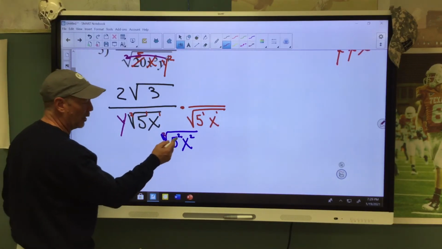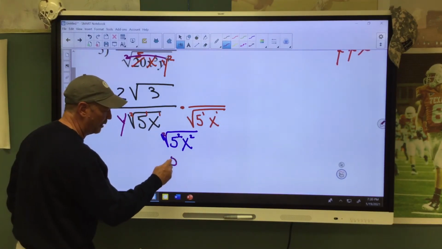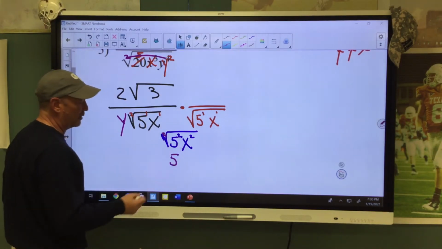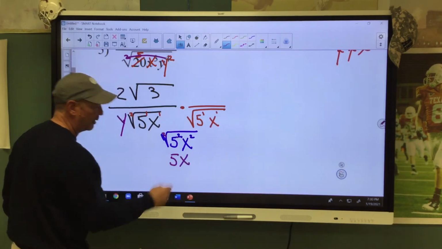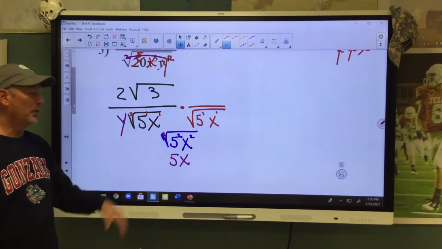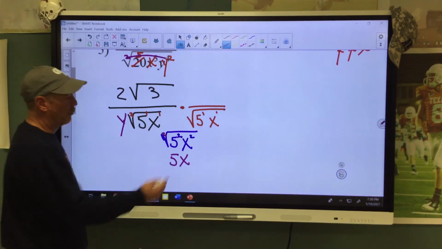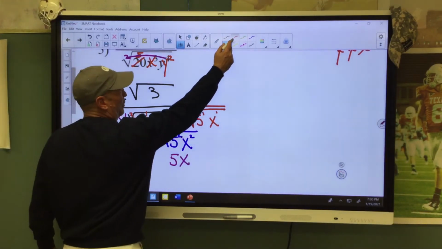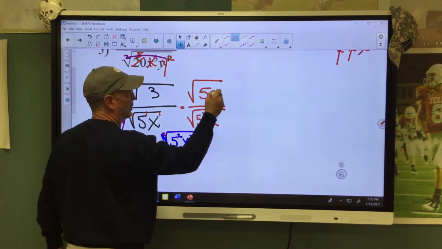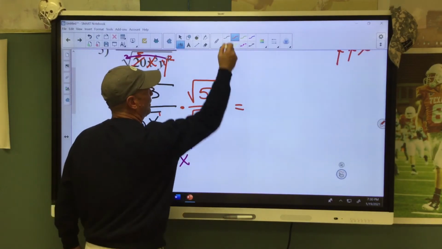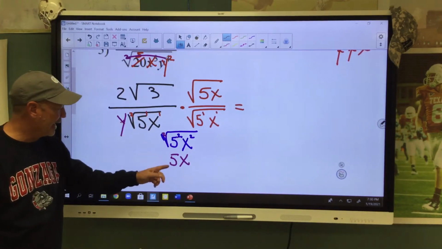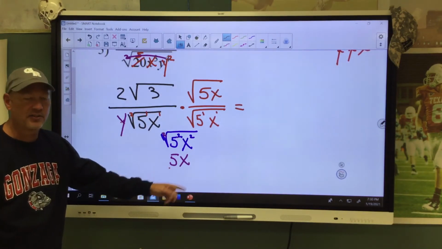Because what is the square root of 25? 5. What is the square root of x squared? X. So what are we left with at the bottom? Well, remember, whatever we do to the bottom, we have to do to the top. So what is this going to leave me? I have a y outside. I now have a 5 and an x outside.